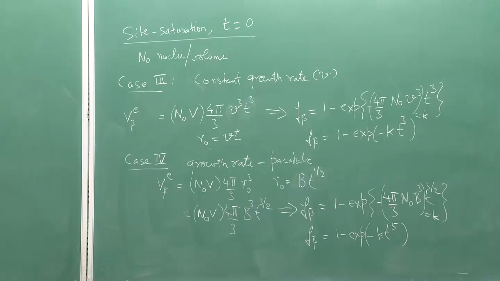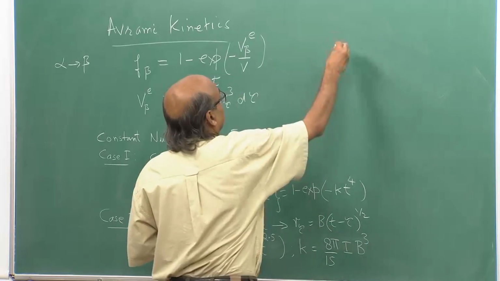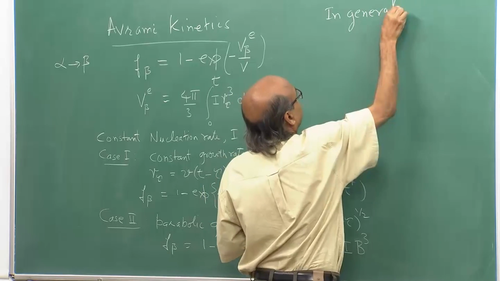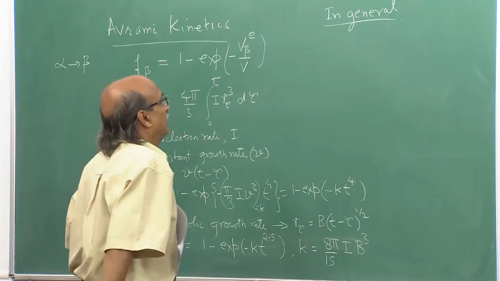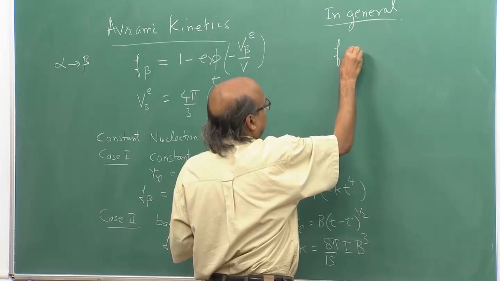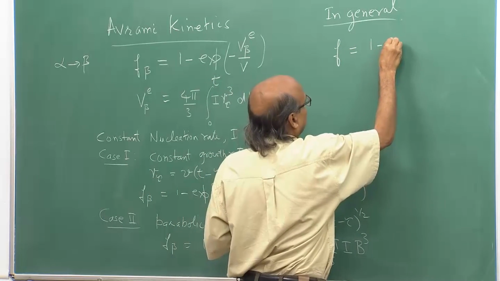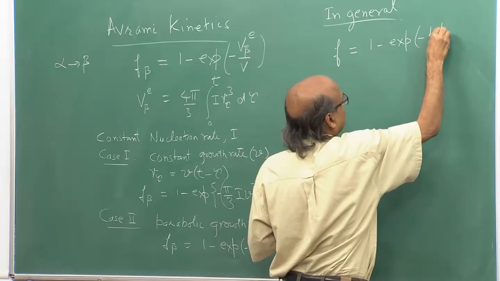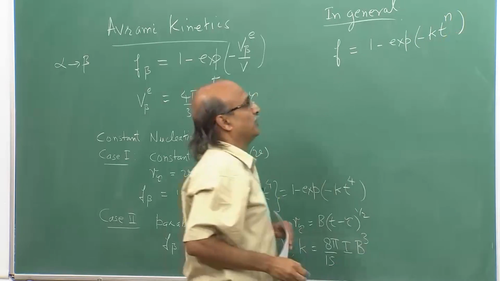So in general then, the Avrami relationship could be written as f is equal to 1 minus exponential minus k t to the power n.